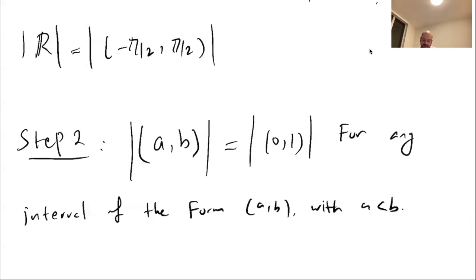Let's say f of x1 equals f of x2. Then that means that B minus A times x1 plus A equals B minus A times x2 plus A. That means B minus A times x1 equals B minus A times x2, and that means x1 equals x2. So this one was easy.